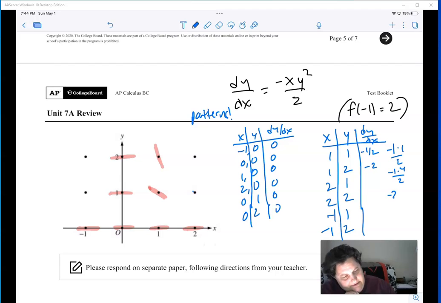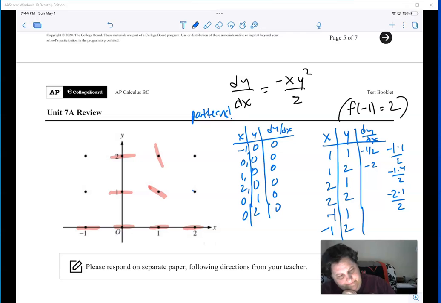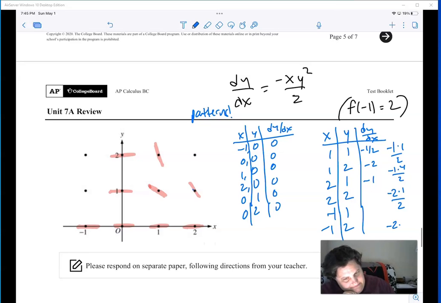(2, 1). That would be negative 2 times 1 over 2. That's a negative 1, which is exactly at 45 degrees, negative. Okay, (2, 2). That's negative 2 times 2 squared over 2, which is negative 4. That's a very steep draw, still negative. Ooh, looks cool so far.